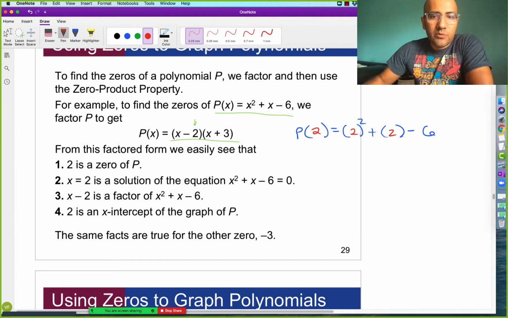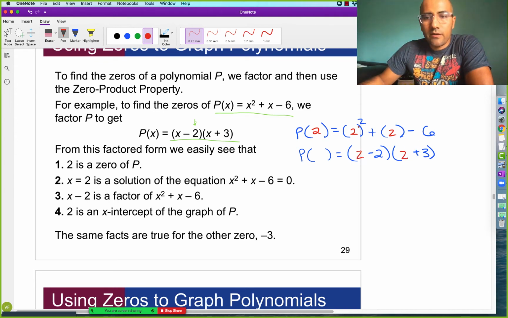Or because we knew that this factored into this, we can also evaluate this polynomial by using the factored form. Two goes into there, 2 goes into there.